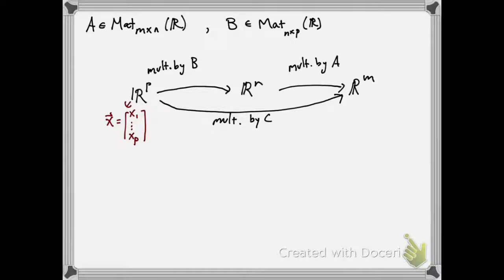Let's try to trace through what happens to a vector in Rp. Suppose we have x as x1 up to xp, a vector in Rp.